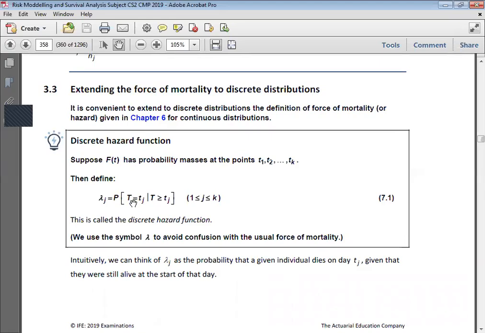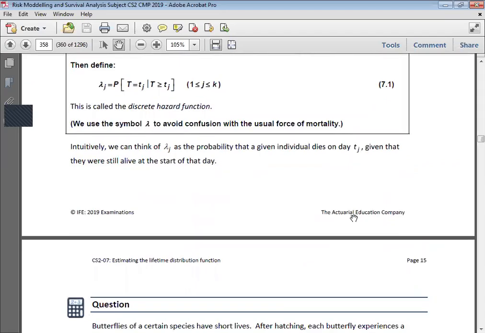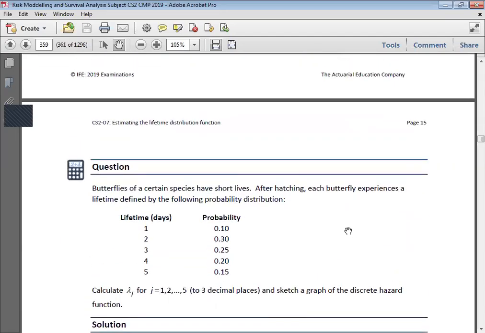If you see, we have an equal sign here. We are no longer looking at lambda j between 0 and 3, between 3 and 4. We are looking at some particular time here. And again, you do take into account the fact that these rats have to be alive for the previous time intervals. But I think maybe we should just have a look at this particular example here.